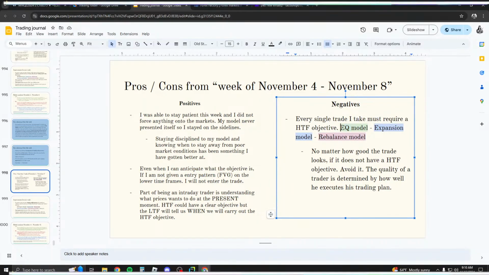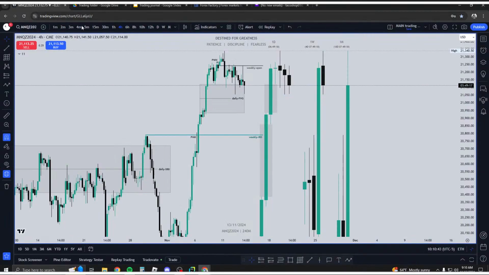There's the equilibrium model, which is basically us retracing back into the equilibrium, into discount or premium. The expansion model is us taking liquidity, and the third is the rebalancing model, which is us rebalancing a fair value gap or trading back inside of a fair value gap. So no matter how good the trade looks, if there's no higher time frame objective, you just gotta avoid it.